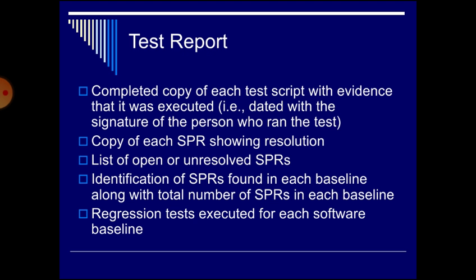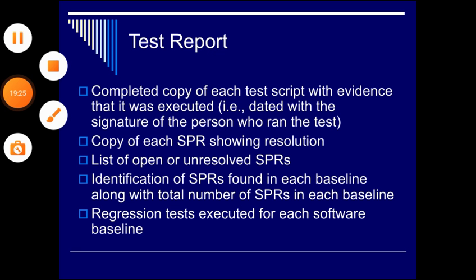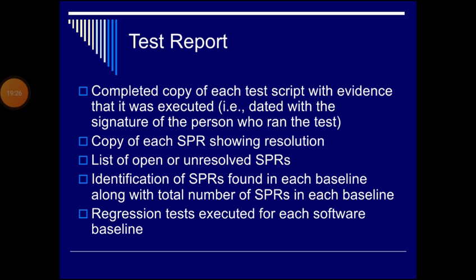Copy of each SPR showing resolutions, list of open or unresolved SPRs, identification of SPRs found in each baseline along with the total number of SPRs in each baseline, and regression tests executed for each software baseline. That must be considered in a test report.